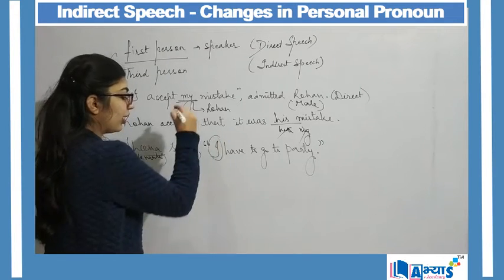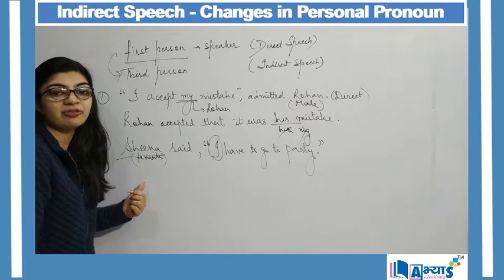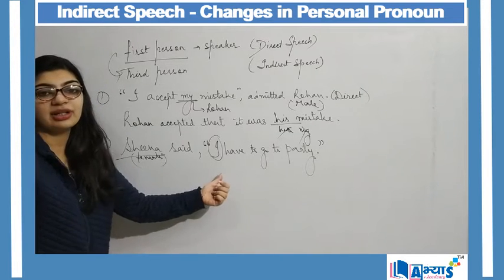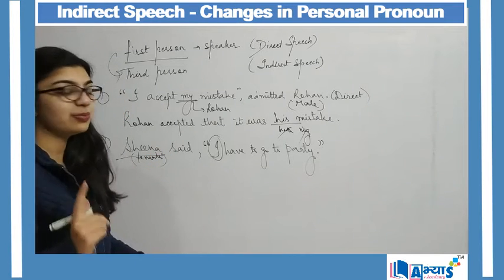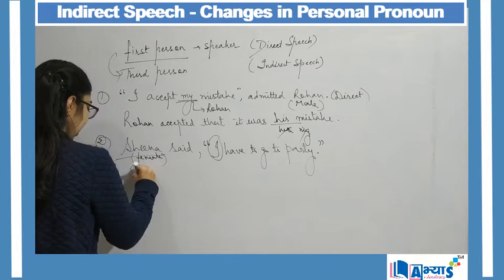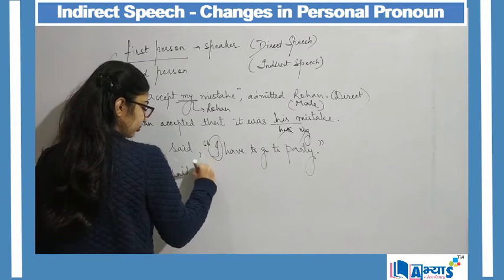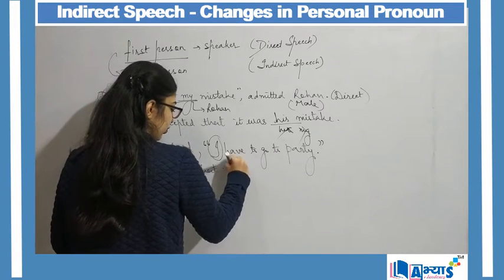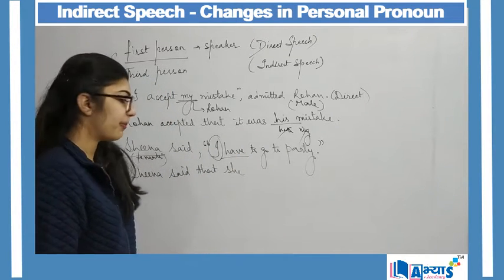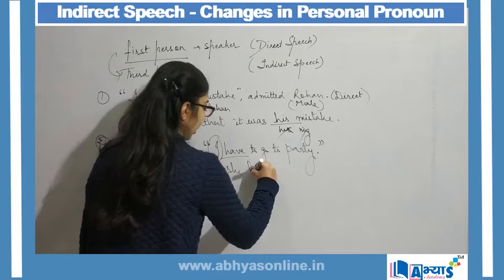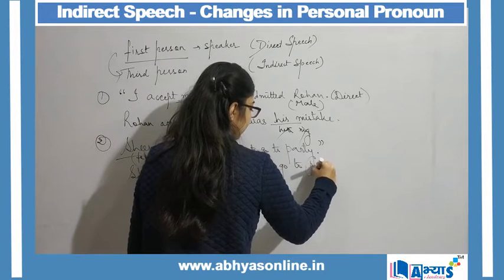So now "I" over here will change to "she". Why? Because Sheena is a female, and for female "I" changes to "she" as a third person. So Sheena said that she, now this is present perfect changes to past perfect, she had to go to party.